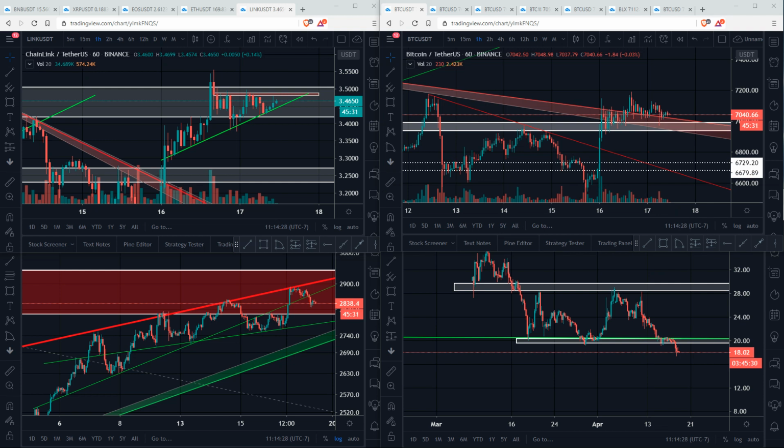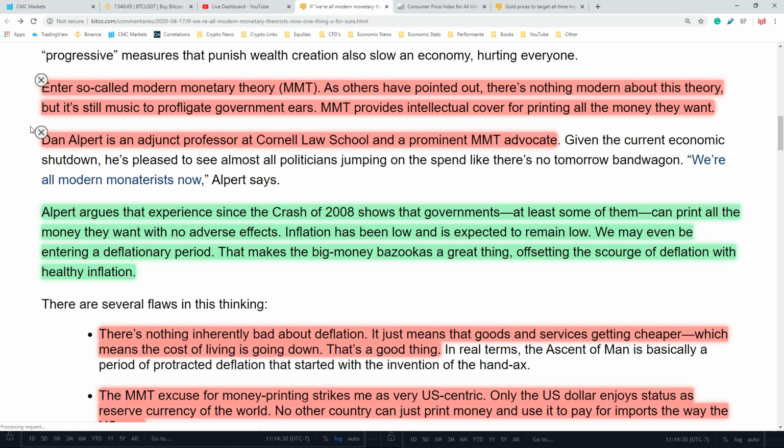So the first thing we're going to be looking at is MMT, or modern monetary theory. Bitcoin enthusiasts and gold bugs actually share a lot in common in terms of what they see as the outcome for the Fed and this whole money printing Keynesian economic monetary system that we have.